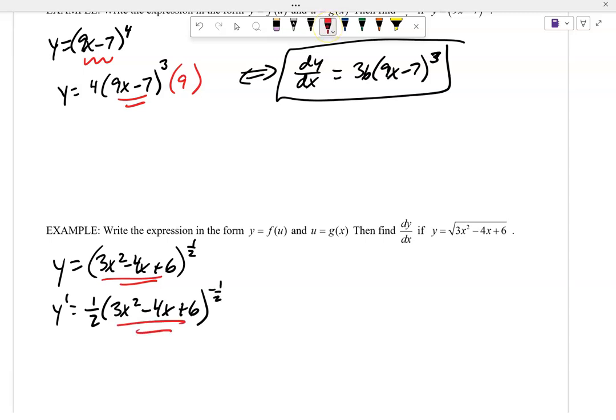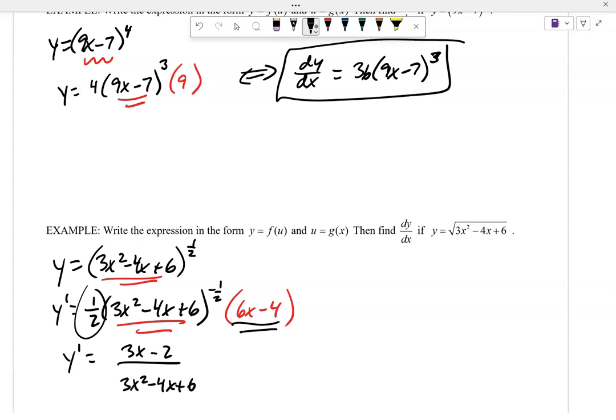But again, I got to take the derivative of u, that stuff on the inside, which is 6x minus 4. And then I go ahead and multiply the half times that 6x minus 4, both of those. And that'll give me a 3x minus 2. And then that u stuff is all to the negative a half. So that's down below to a 1/2 power. In other words, it's a square root. Right? So there's your dy dx on this one.